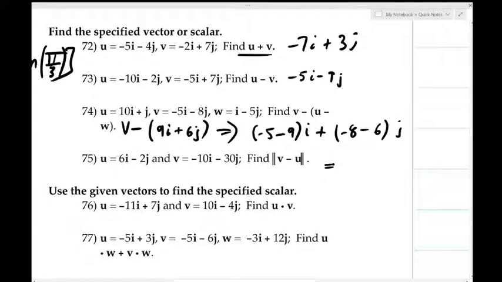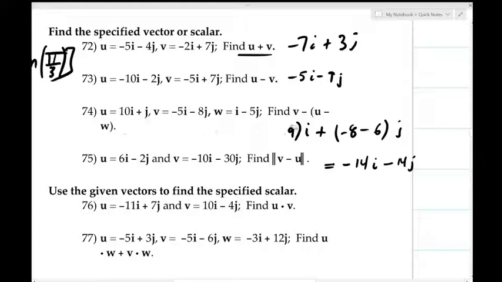So that is going to be negative 14i plus, actually, minus 14j. So overall, we're going to get negative 14i minus 14j. Okay.